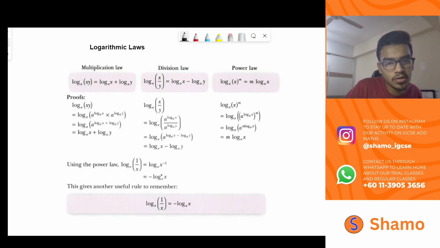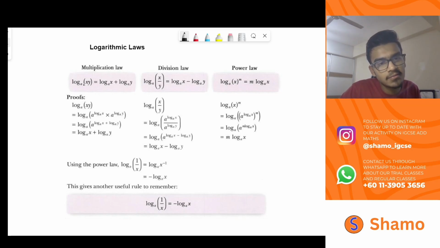So here are 4 laws, and the proofs of all of them are given. It's important that you memorize these rules. Knowing the proofs is not in your syllabus, of course, but it's great to know where it comes from. But whatever is highlighted in purple, make sure that you practice enough that you know it.